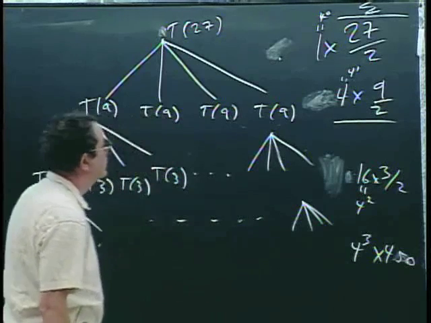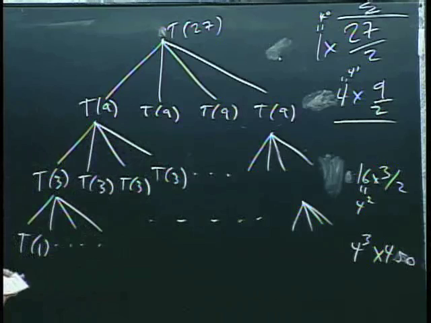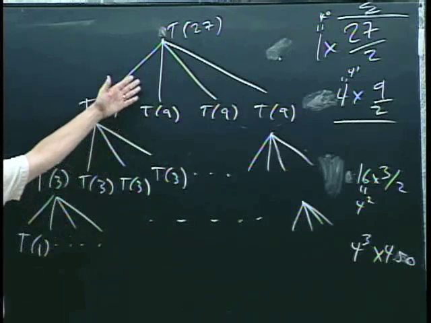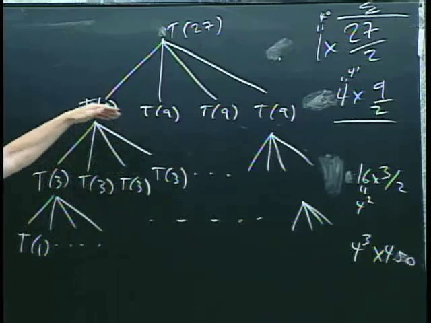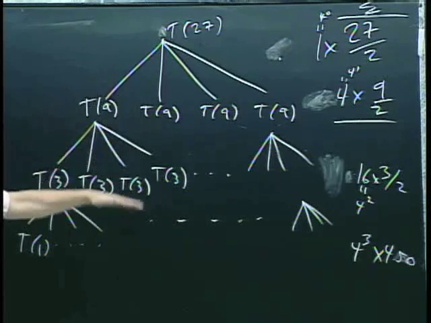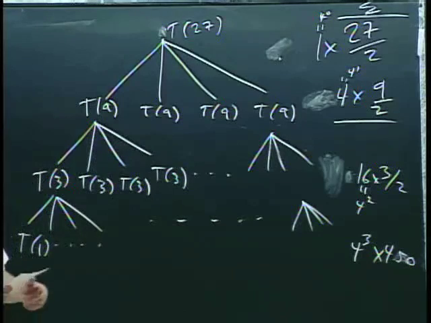All right, so now that we've done a particular example with n equals 27, what you would like to do is go back, I'll do it on a different board, and try to map this out in terms of an abstract n. Not 27, but just n.